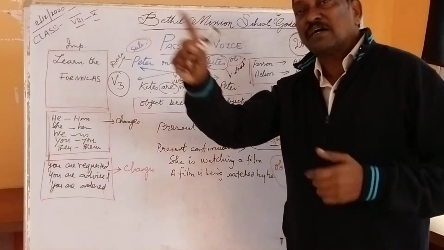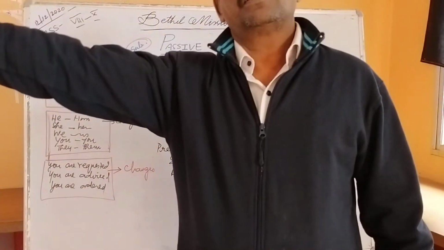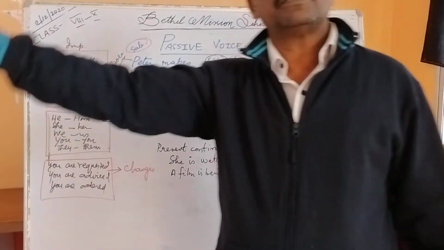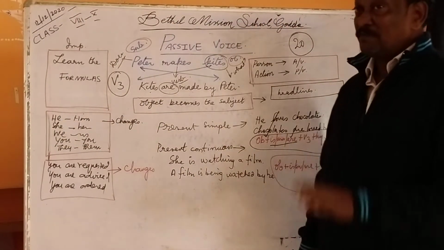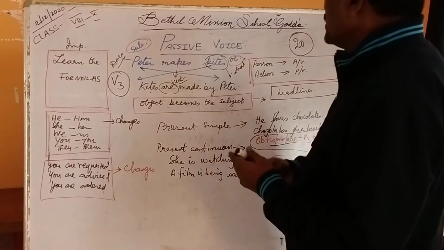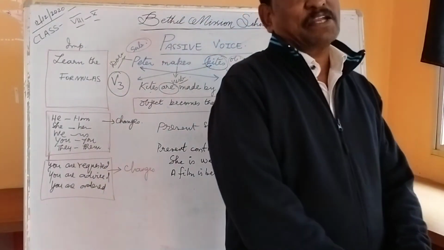When it is combined with the third person singular, it is studies. He studies. Mary studies. Peter studies. Rohit studies, whatever it may be. So every verb has 4 forms, and the third form of the verb is known as the past participle.